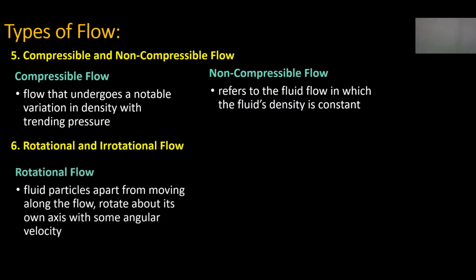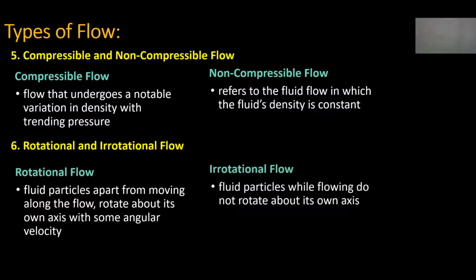For rotational flow, fluid particles, apart from moving along the flow, rotate about their own axis with some angular velocity, while irrotational flow refers to fluid particles that, while flowing, do not rotate about their own axis.